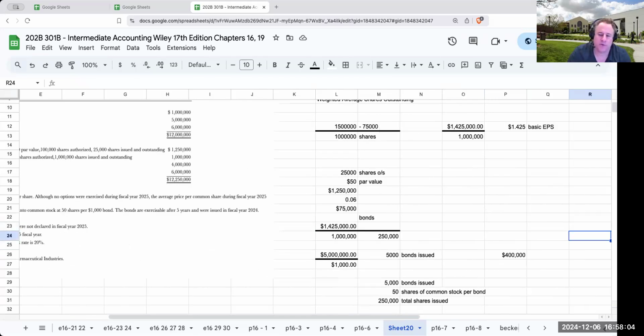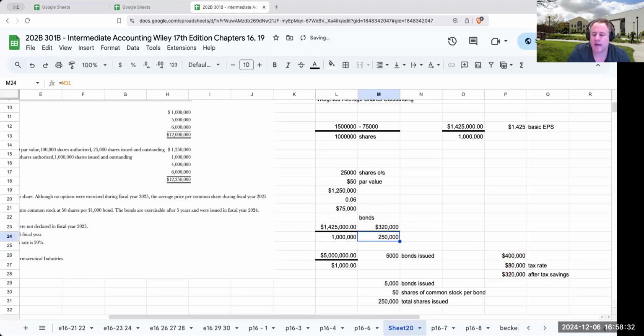So what I need to do is say, what is this number after tax? If there's a 20% tax rate, this will be the after-tax savings. So effectively, what I would be doing over here is adding back 320,000.